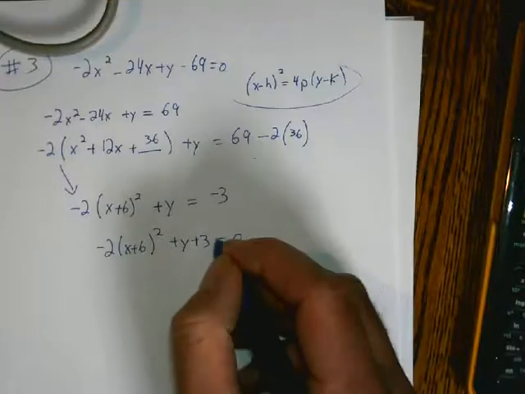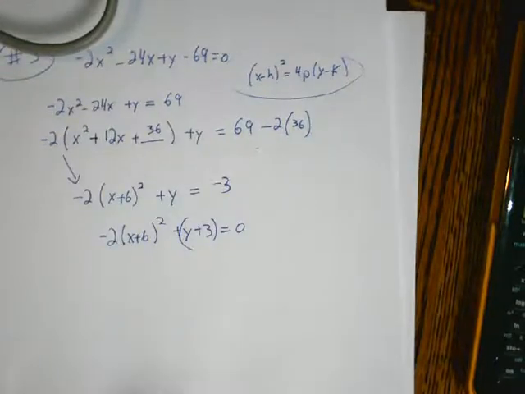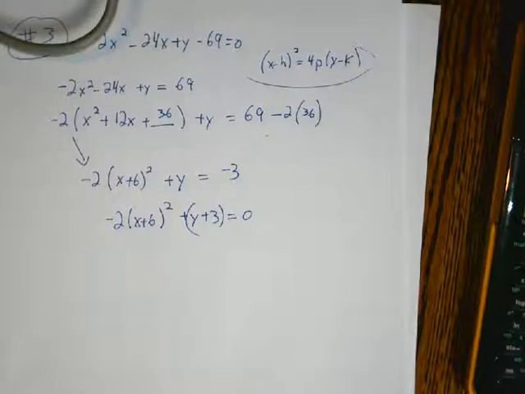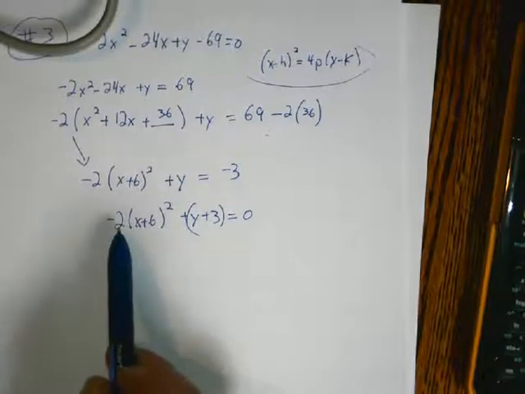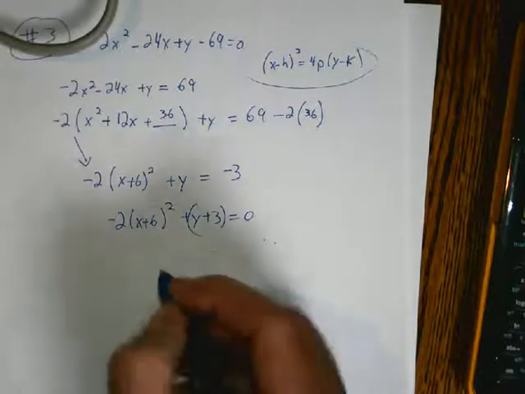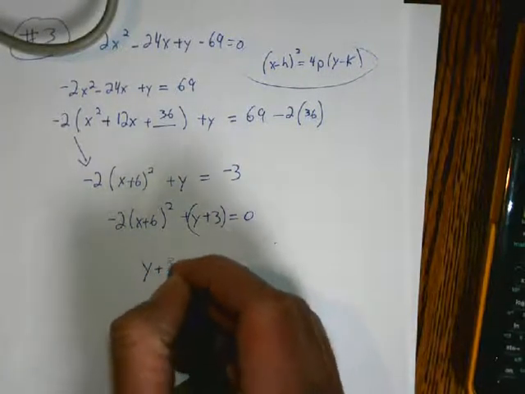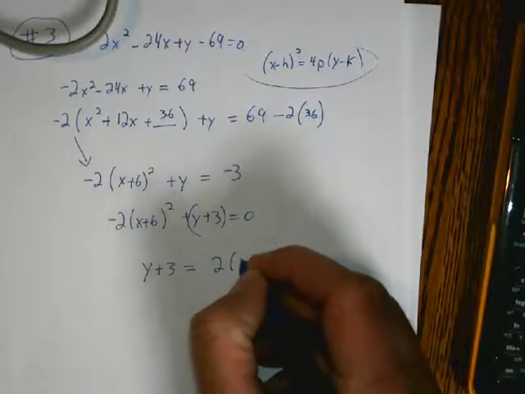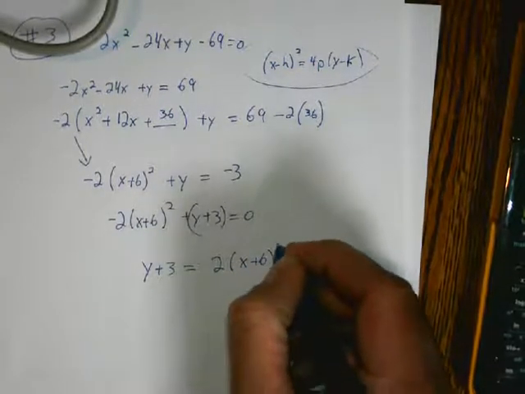From here, I know that I can group those two together and it doesn't really change anything. Now, what I'm going to do lastly is move this whole chunk over. So I get y plus 3 equals 2 now, because I moved it, (x plus 6) quantity squared.